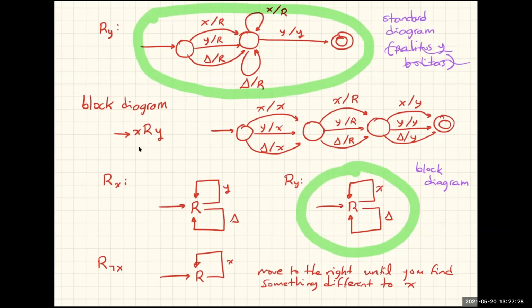I think this notation is very nice, and it allows us to move to a different representation, which is also, well, the power is the same, but I would say it's more powerful in terms of conciseness. The block diagram is much more concise.